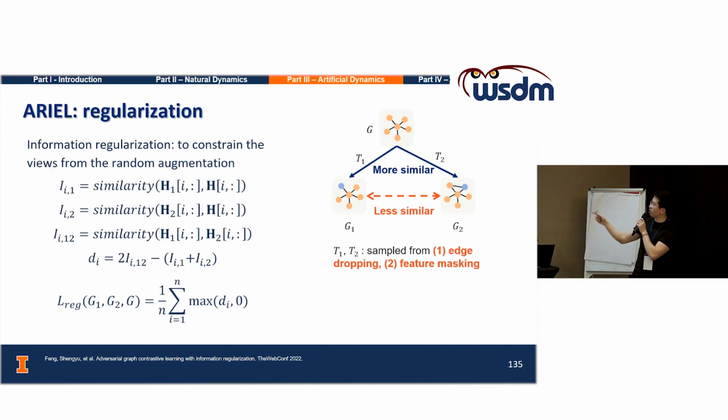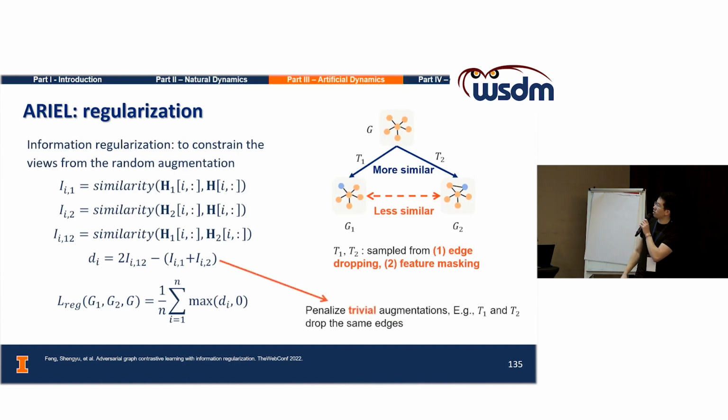In other words, if we measure the similarity between G1 and G2 as L12, and the similarity between the given graph and each view as L1 and L2, we believe that L12 should be larger than or equal to L1 or L2. So that's the core idea. We try to penalize those trivial augmentations such that the two generated views are too similar to each other.